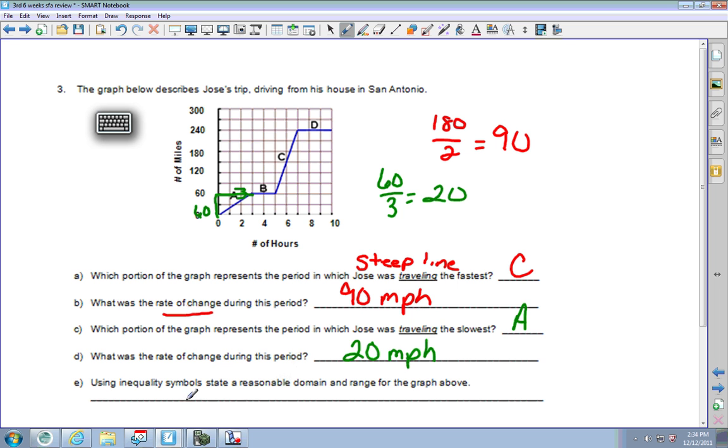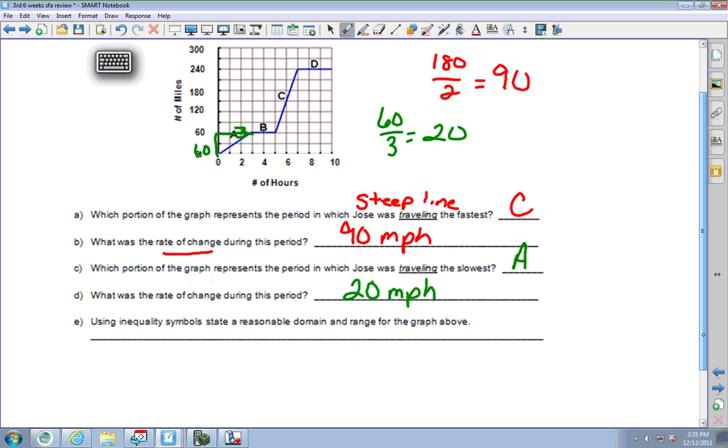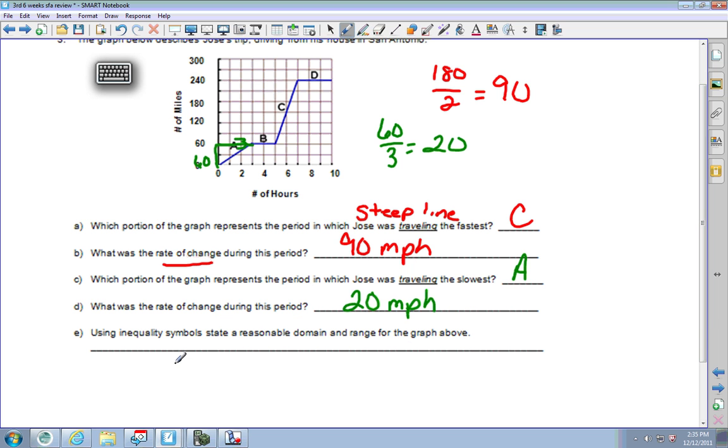All right. Use inequality symbols to state a reasonable domain and range of the graph. My domain is the x. The domain starts at 0 and goes all the way out to 10 hours. Your symbols are going to point to the left, with the equal to bar underneath, because they start at 0 and end at 10.